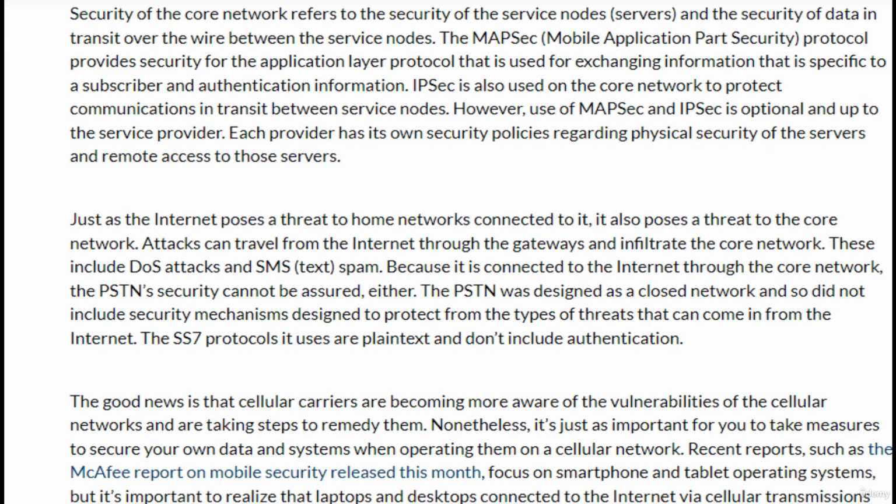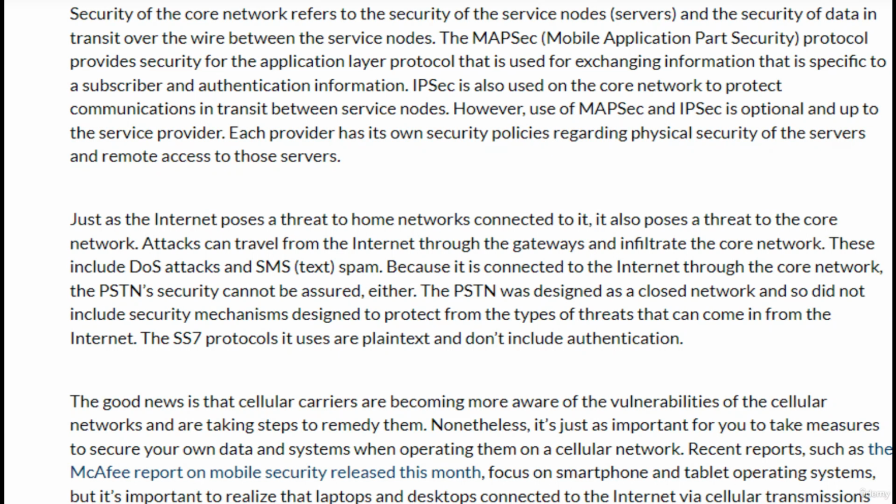The MAPSEC protocol provides security for the application layer protocol that is used for exchanging information that is specific to a subscriber and authentication information.